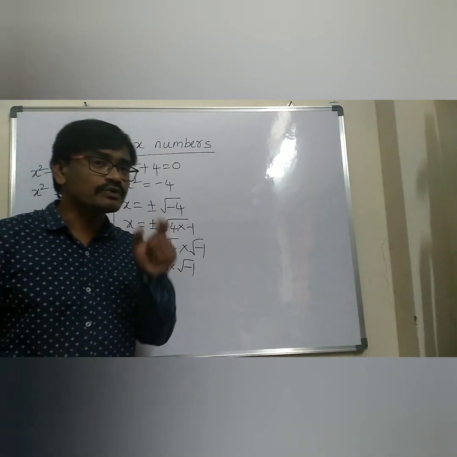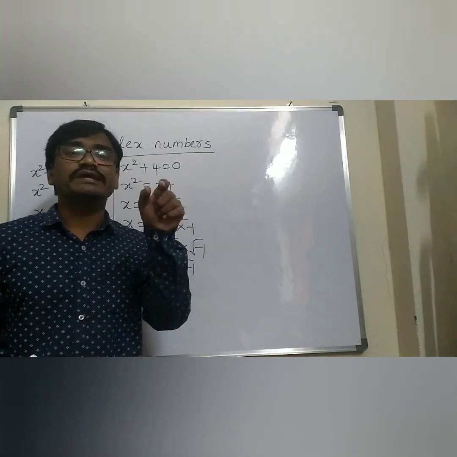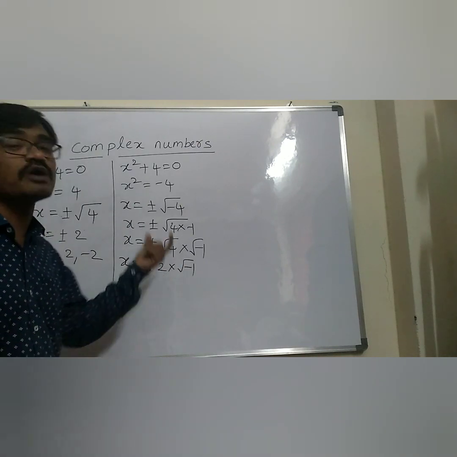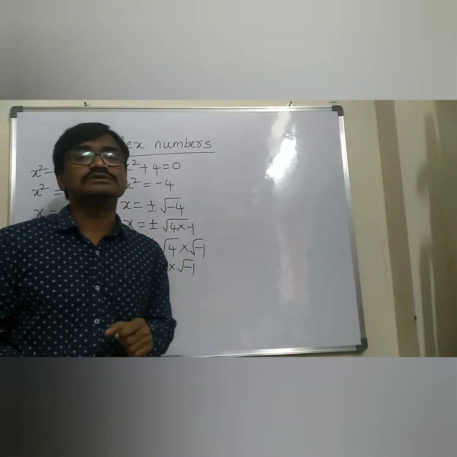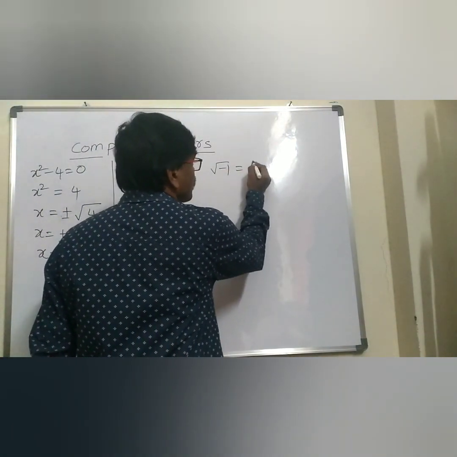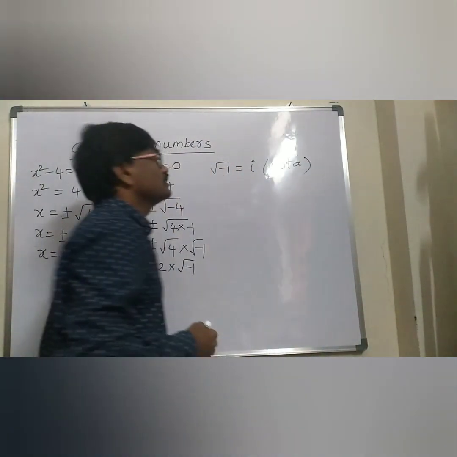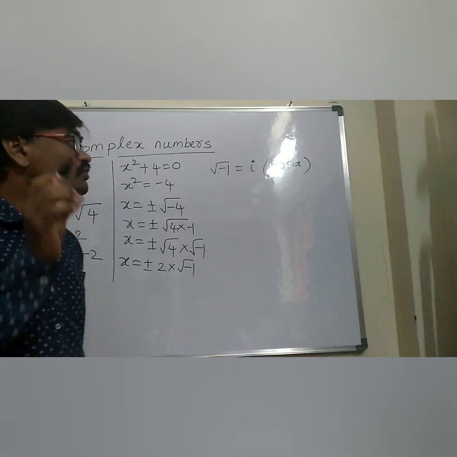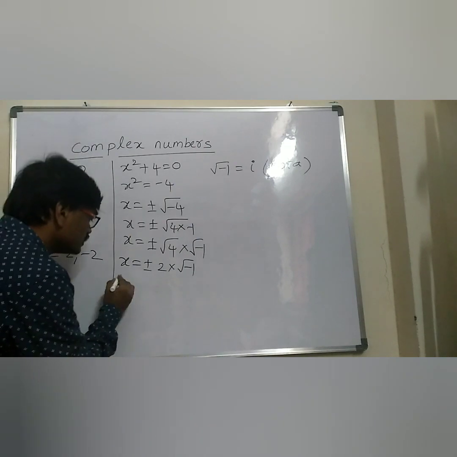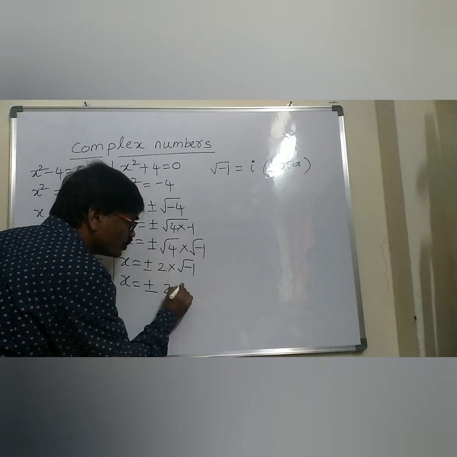Now if you have the square root of minus 1 value, then your required x values are complete. To solve this type of equation, the scientist Euler gave the value square root of minus 1 a name, called iota. Therefore, what is the i value? Square root of minus 1. Now write the square root of minus 1 as i, then your x values are x is equal to plus or minus 2i.